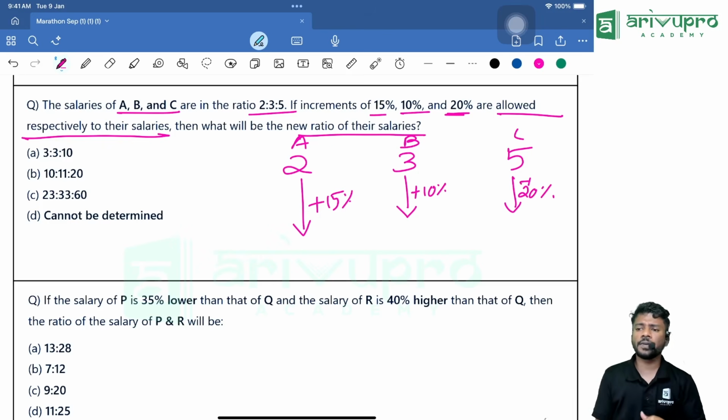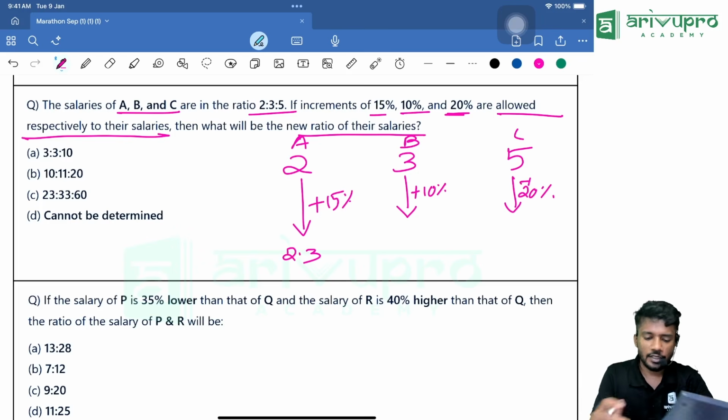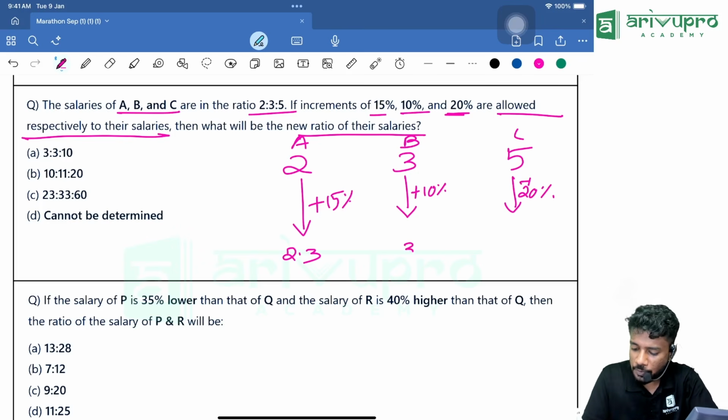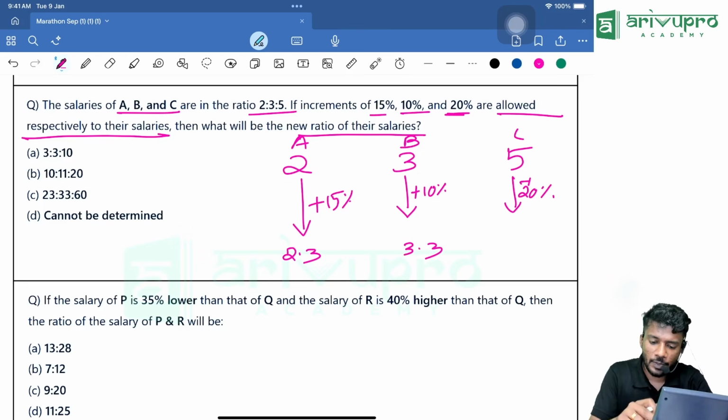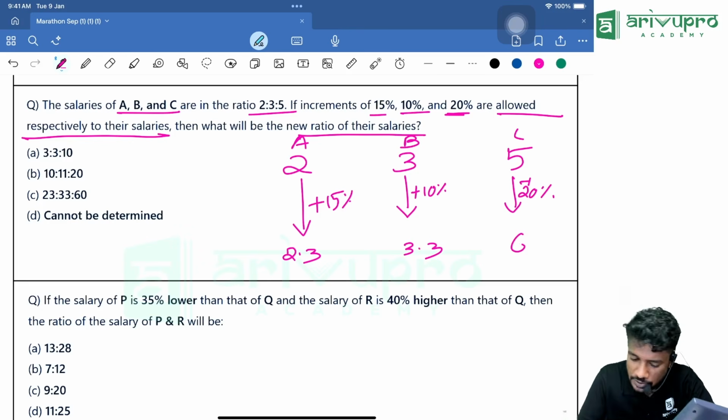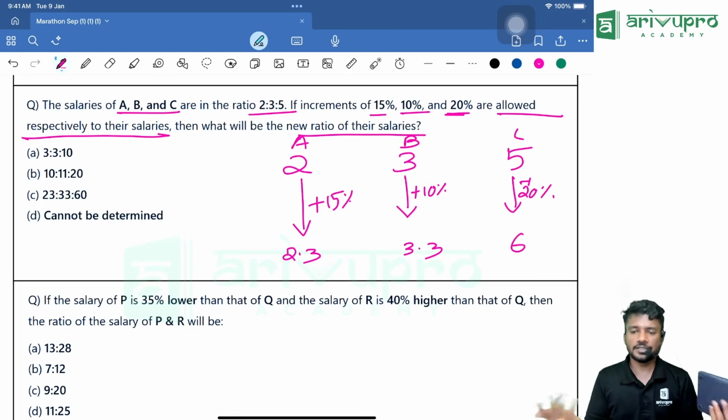Now, 2 plus 15% is how much? Take your calculator. 2 plus 15% is 2.3. 3 plus 10% is how much? 3.3. 5 plus 20% is how much? 6. Now, people, just check and tell me what can be the answer.